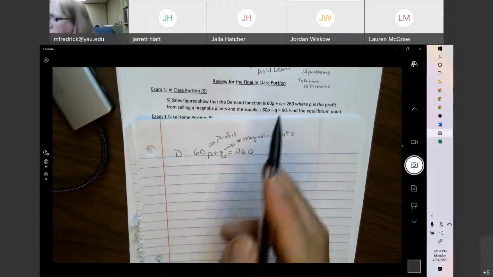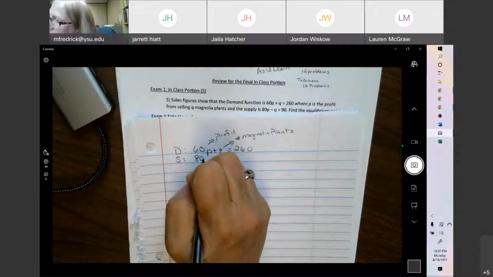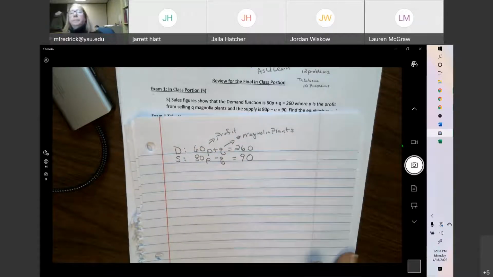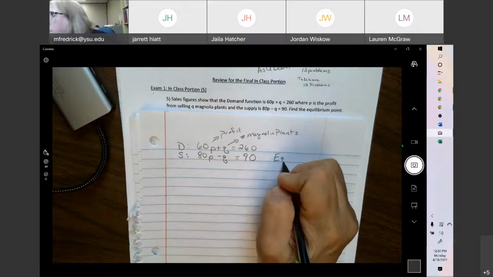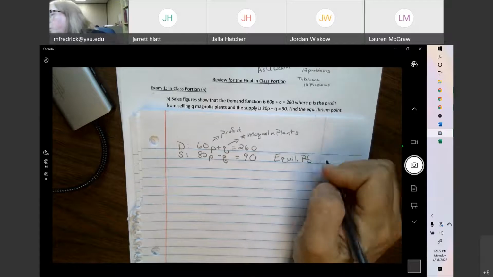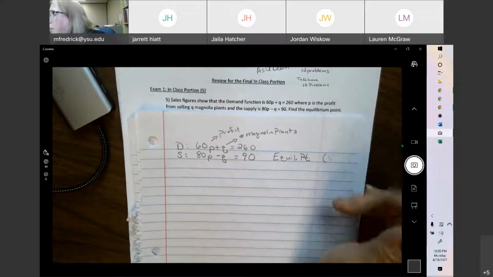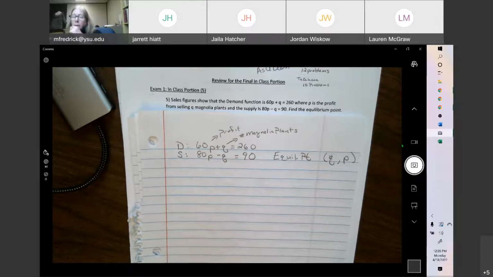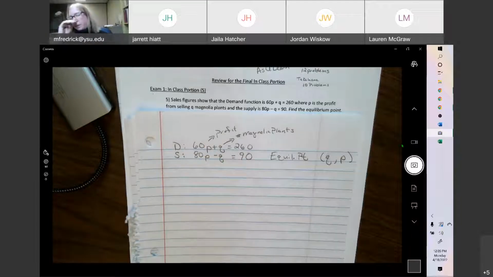And supply is 80p minus Q equals 90. We want to find the equilibrium point. Point means you want X and Y, or in this case, the quantity and the price. So we want to find where these two intersect.